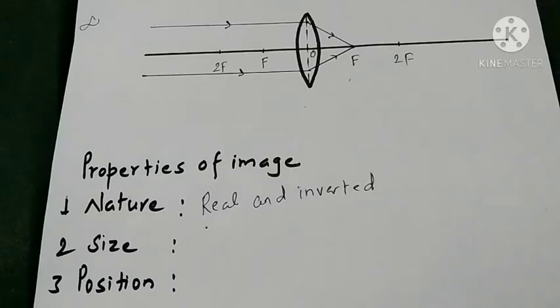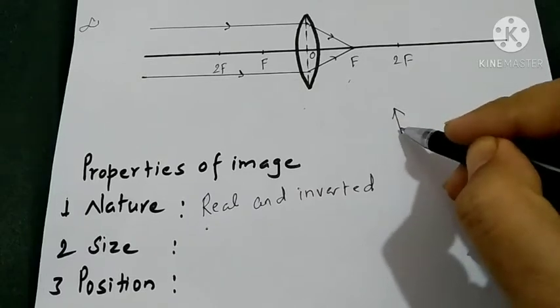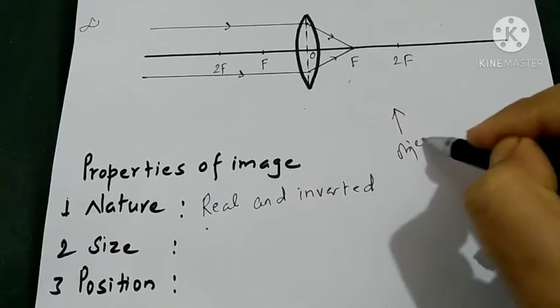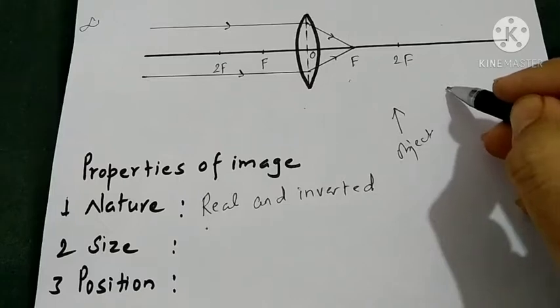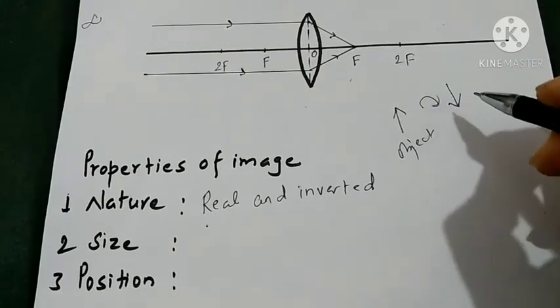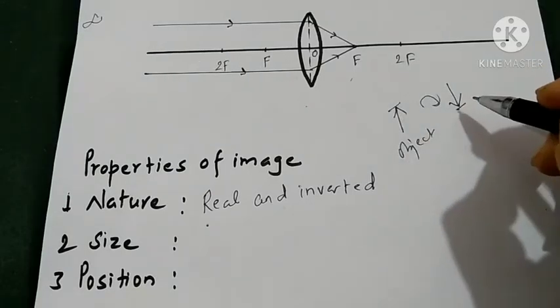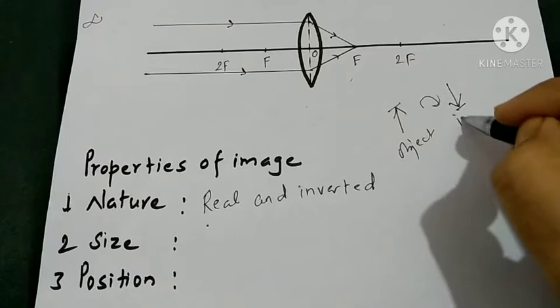The image formed is real means it can be projected on the screen, and inverted. So if this is the object, then image formed in this case is inverted. Inverted means just opposite. Here the head is up, here the head is down. This is the inverted image.